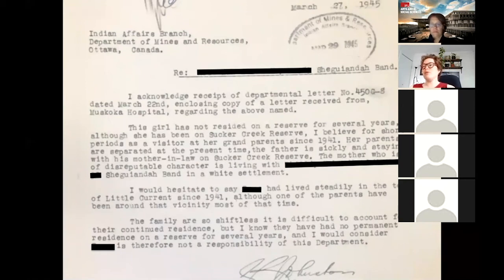Another thing, when you read between the lines in this letter, that's interesting is this notion of the reputation of the mother. Usually in the 1940s, when they used that kind of phrasing, that she has a poor reputation, what they're talking about most likely is that she is having sex outside of marriage.